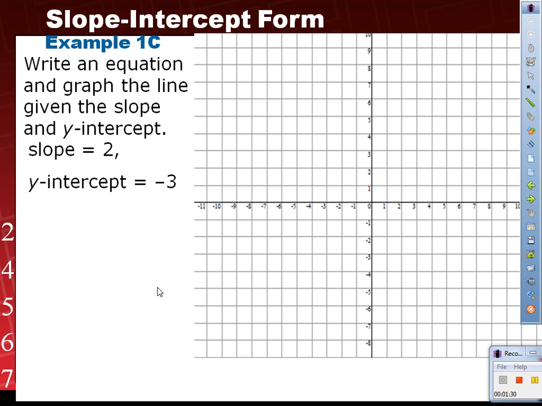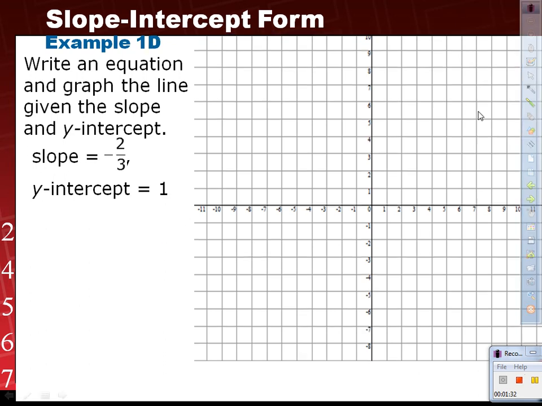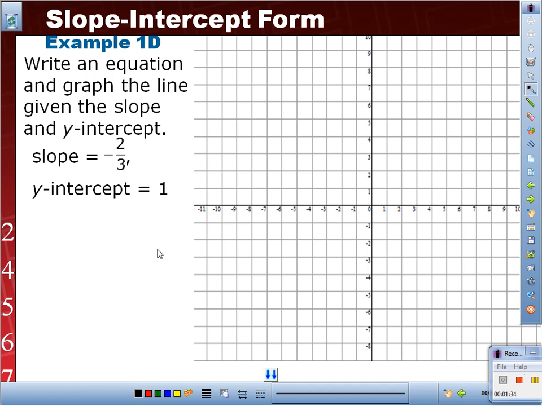So at the top left, copy this one, please, example 1D. Let me show you what to write. You're going to write example 1D, and then I want you to write this: write and graph, and then just write an equation.